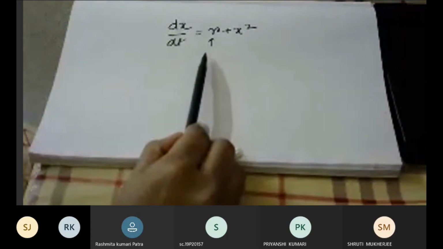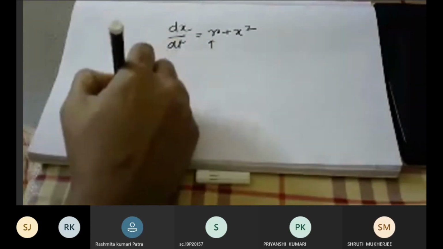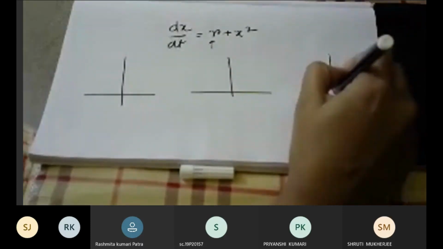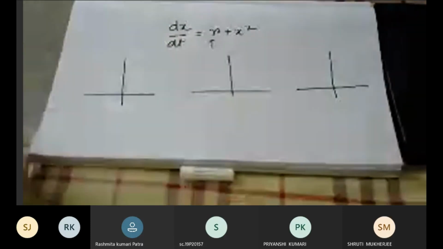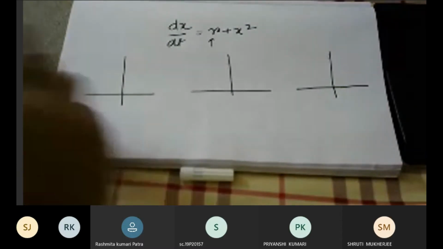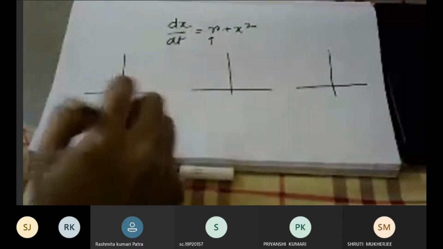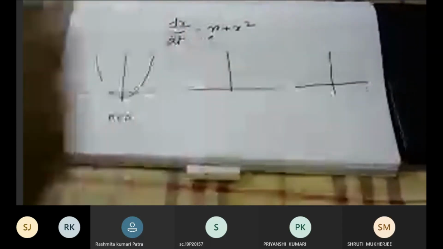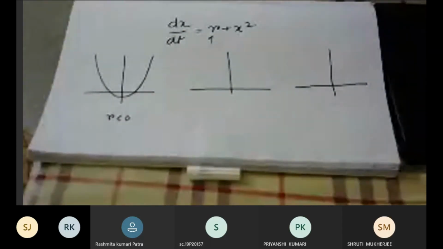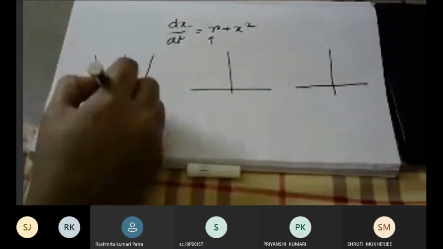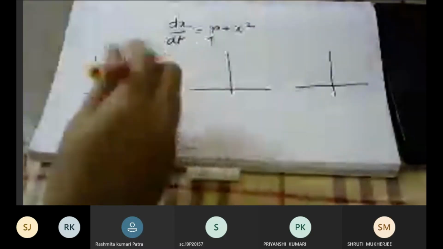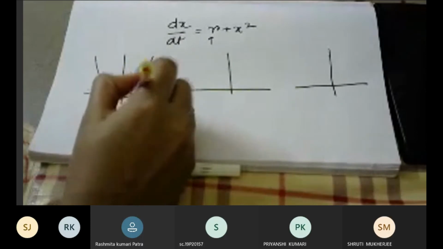Then we see that the same system behaves in 3 different ways if I change r from negative to positive values continuously. So for r less than 0, I have a picture where the curve is shifted below and we clearly have one stable and one unstable fixed point. Here I have a stable fixed point and here I have an unstable fixed point.